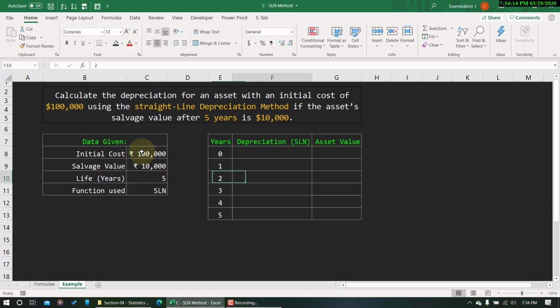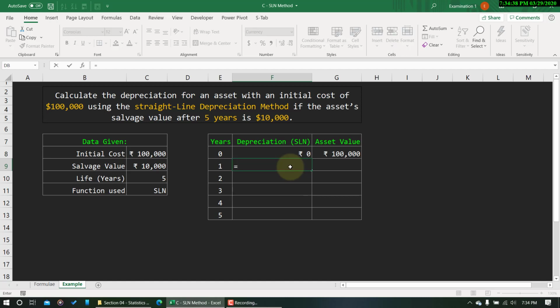Here I'm going to start my calculation in year 0. That means when I'm purchasing this, the depreciation is going to be 0. Asset value will be the same as the initial cost because the year hasn't changed yet.